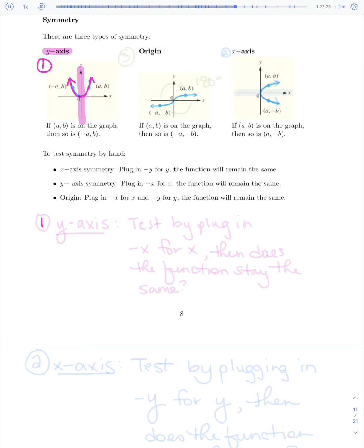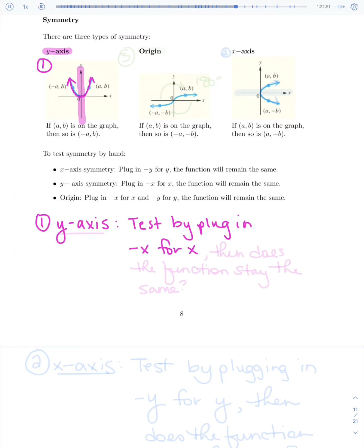Now what we find out is if you actually want to test the y-axis symmetry by hand, you're going to plug in a negative x wherever there's an x into your equation. If it stays the same, it does have y-axis symmetry.